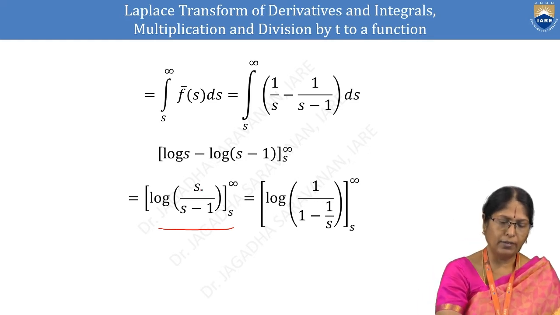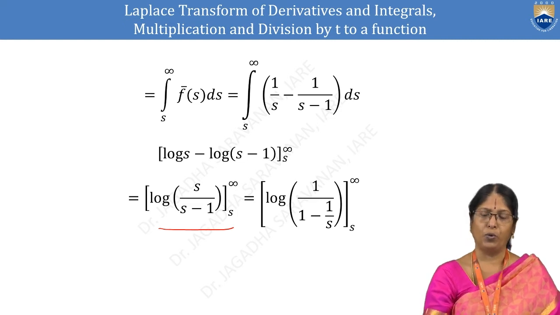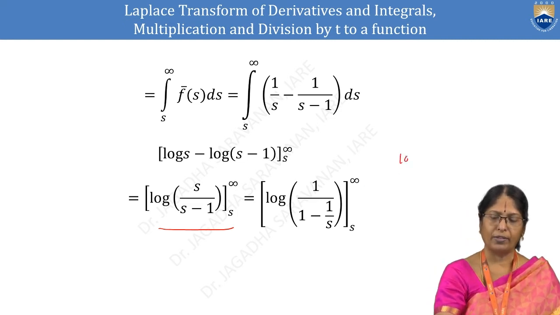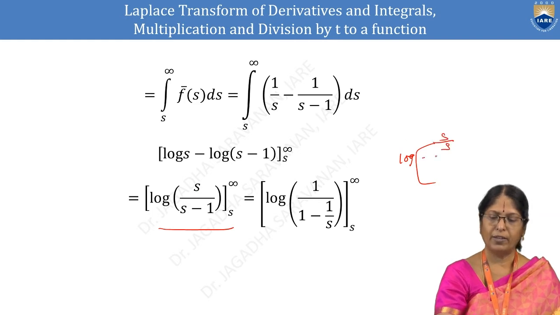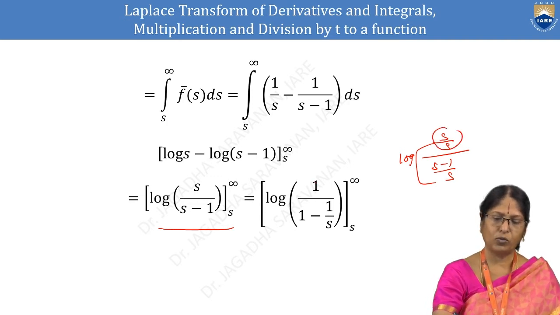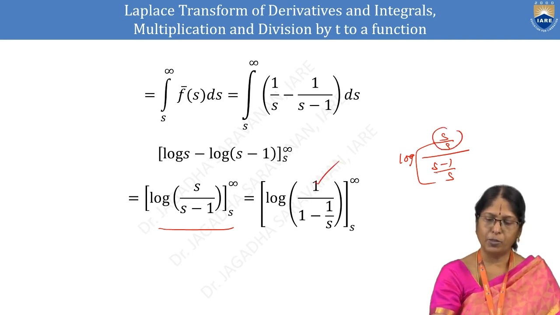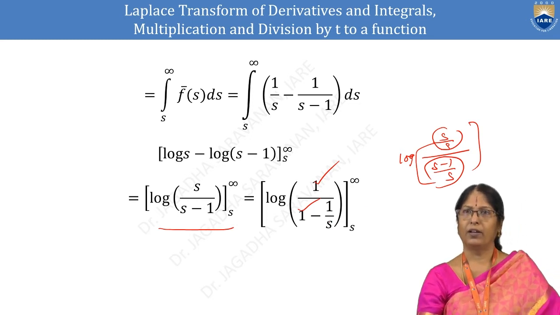Now the numerator and denominator, we are going to divide by s. That is s by s, and this is s minus 1 by s. This s by s is 1, and the down part is 1 minus 1 by s.